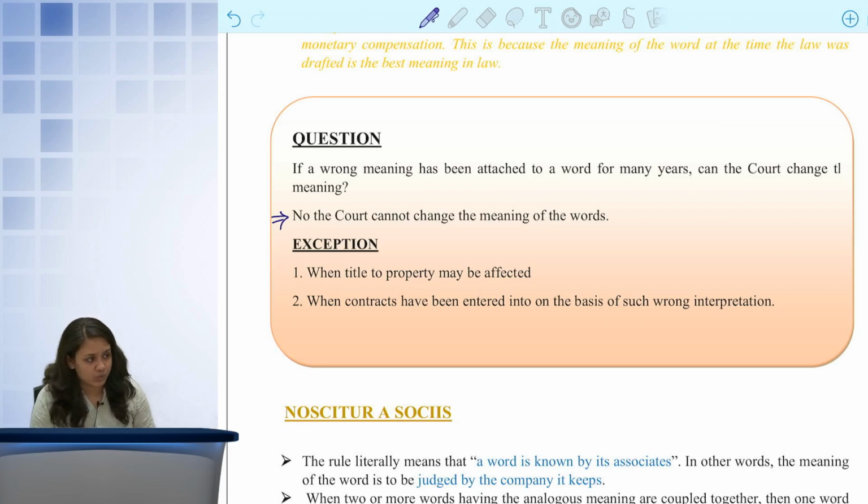There are only two exceptions to this principle, where title may be affected or where contracts have been entered into on the basis of such wrong interpretation. So only in these two situations the court will change the meaning of the word so as to take care of the facts and circumstances of the case.